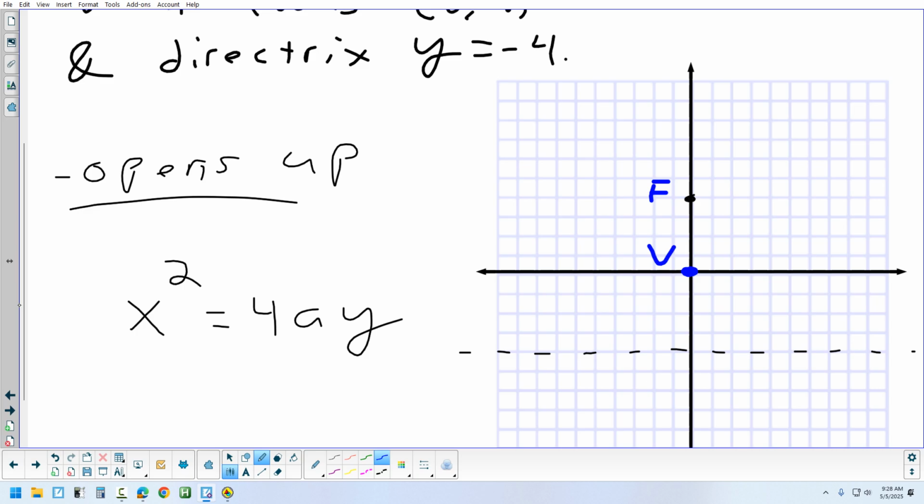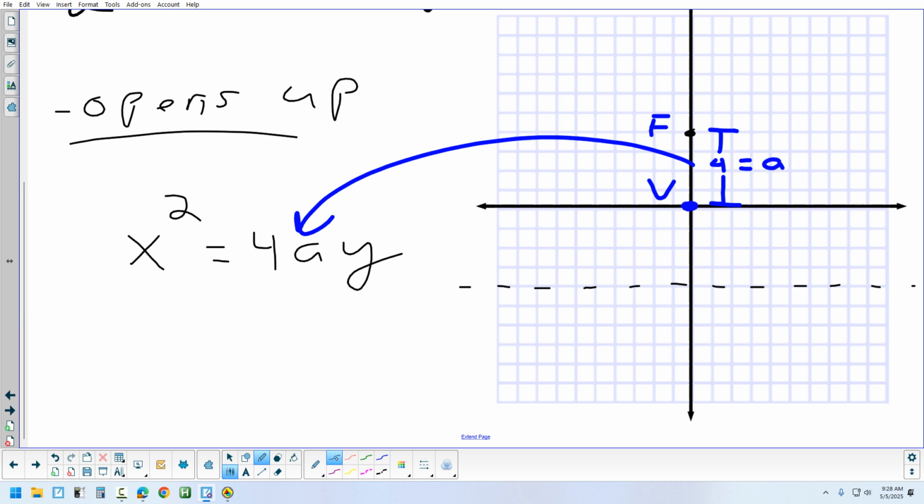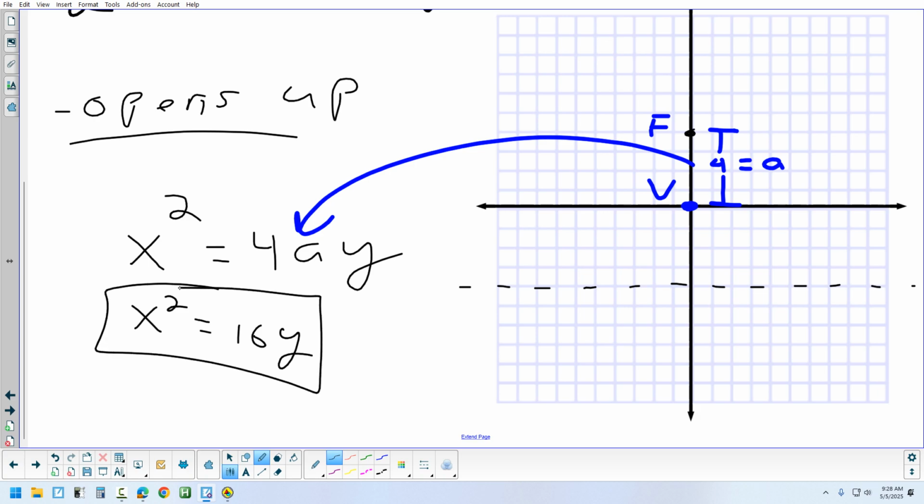Okay. So this distance is 4 units from there to there. That's A. So now fill that in. And that will be the equation of the parabola that meets those conditions. And when you fill it in, it's fine to do it out. So it's x squared equals 16y.